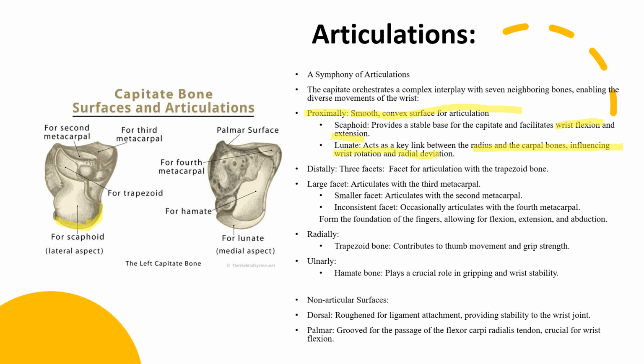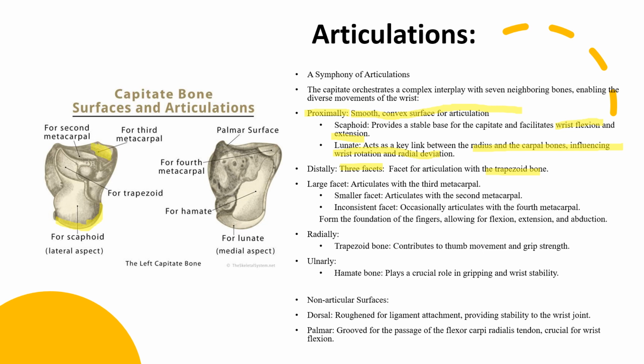When we see the capitate bone distally, we find that there are three facets, and these facets articulate with the trapezoid bone. One large facet articulates with the third metacarpal.